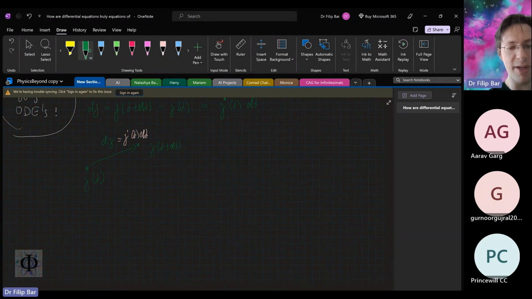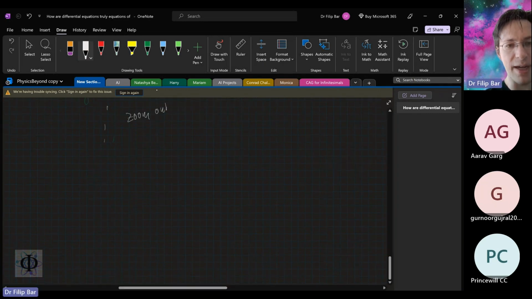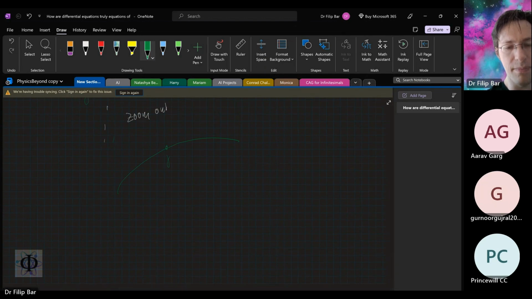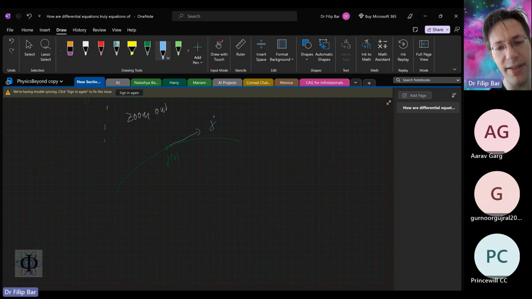Now I'm zooming out, maybe with a different color. Then what's actually happening is I have my particle trajectory, and I have my tangent vector, which is the derivative, a tangent vector at gamma(t).